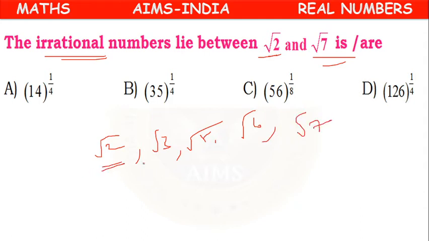These are the irrational numbers between root 2 and root 7: root 3, root 5, root 6.